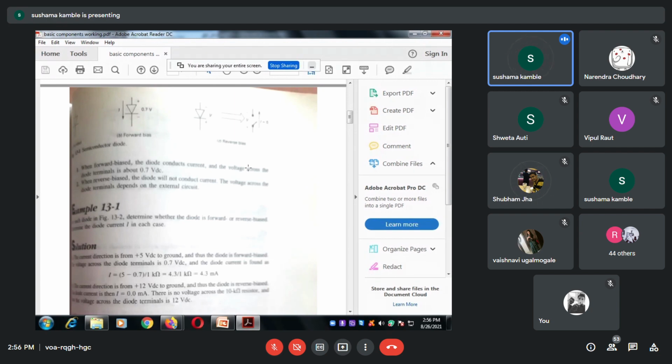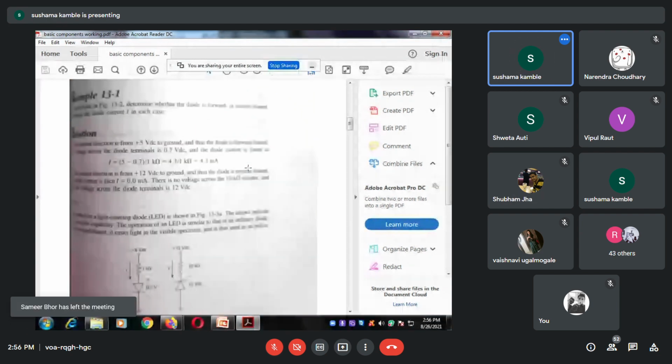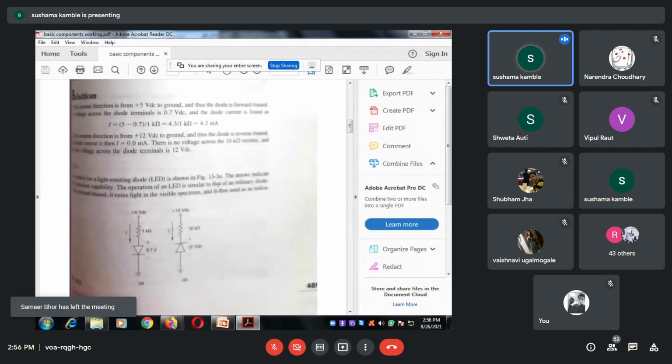Okay. See here. Now, how are we going to find out the current through this? Can you see these two diagrams, A and B? Yes, ma'am.